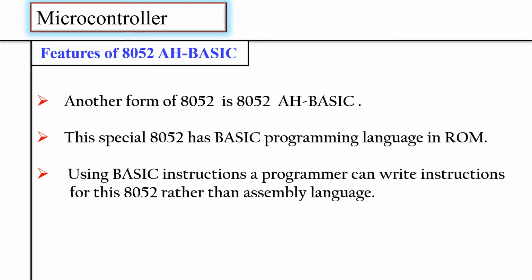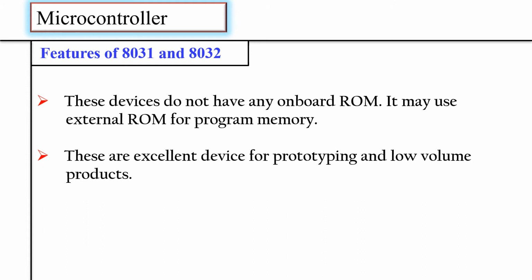Next is 8031 and 8032. These are the alternate versions of 8051 and 8052. They do not have any onboard ROM, so if you want to use ROM, you may use an external ROM for program memory.